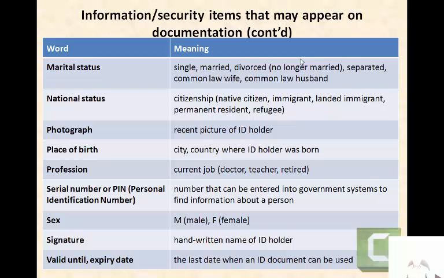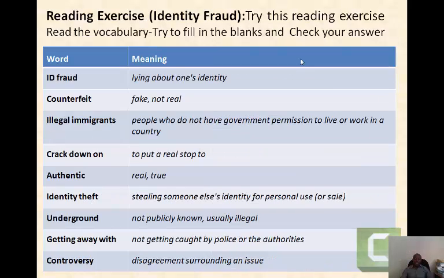ID fraud. This means lying about one's identity. Counterfeit. Fake or not real. Illegal immigrants. These are people who do not have government permission to live or work in a country. Crackdown on. This means to put a stop to. Authentic means real or true.